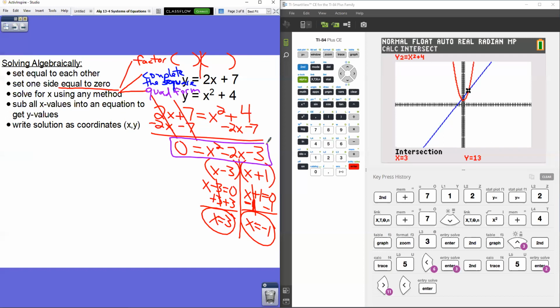So I have -b plus or minus the square root of b squared minus 4ac all over 2a. So -b, this is my a, this is my b, this is my c. I could do -b, so negative of -2, plus or minus the square root of b squared, -2 squared, minus 4 times a times c, all over 2 times a, 2 times 1.